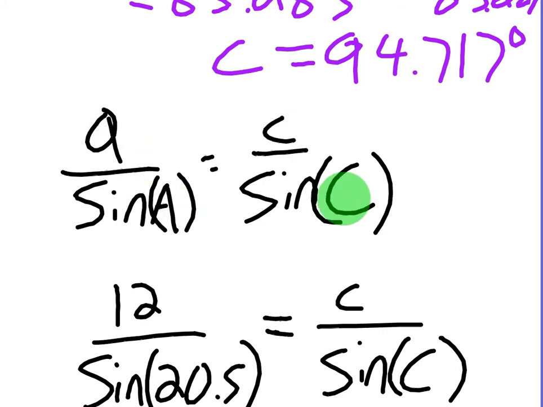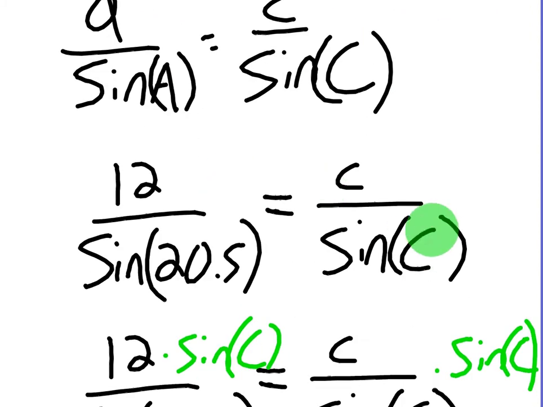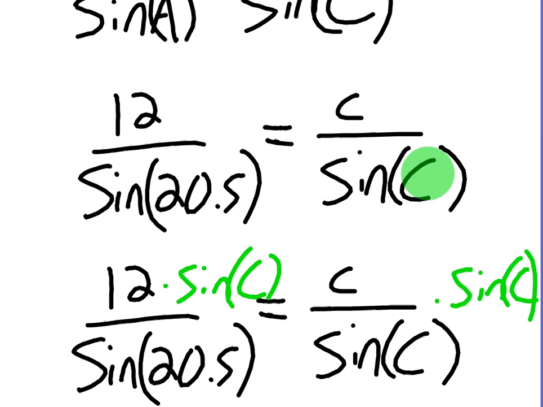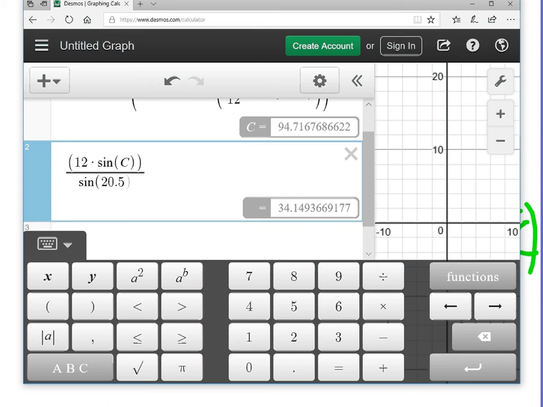We know little a, and big C. Remember in my calculator I stored this big C, so I can just type in big C in the calculator. In order to get little c by itself, all we have to do is multiply both sides by sine of big C. It will cancel that on the right, and you'll be left with little c equals all of this.